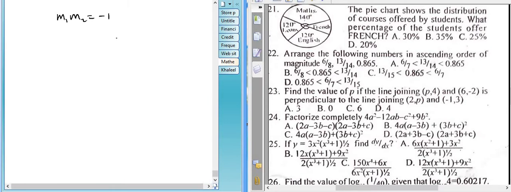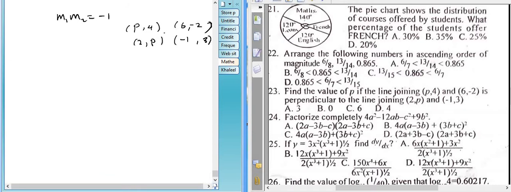So we have the first point, that's phi, 4, and the second one is 6, minus 2. For the second line, the point is given as 2 comma phi, and the other one is -1 comma 3. So this is the first line, and the other is the second line.